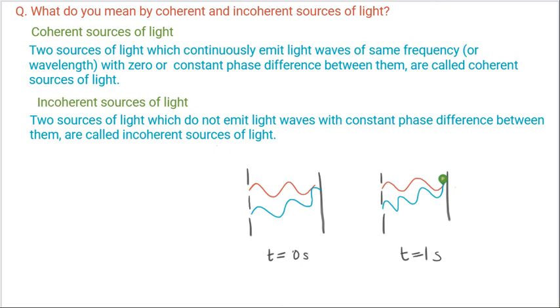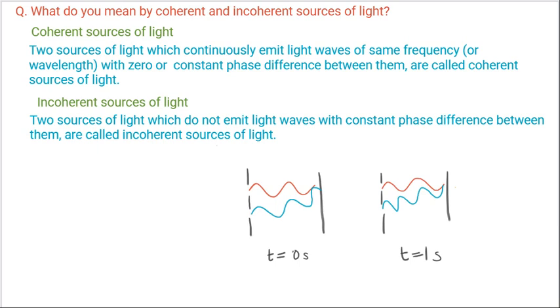Now can you see there is a difference in the path difference? We have kept everything the same for this Young's double slit apparatus. The only difference is that instead of using coherent sources of light, I have used incoherent sources of light. Now when I use incoherent sources, what happens to the extra path traveled by the light coming from slit S2?